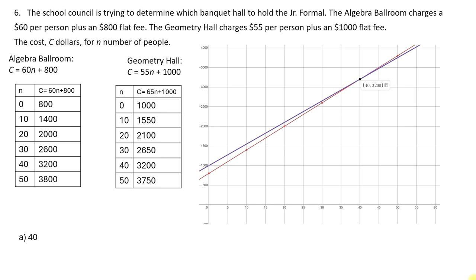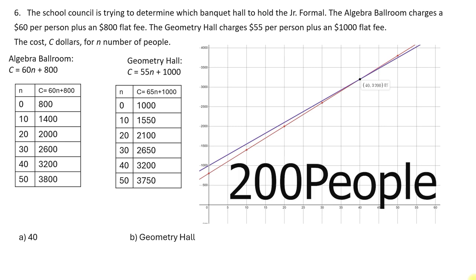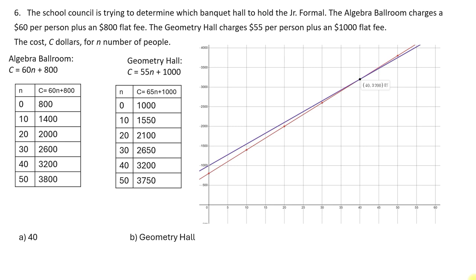So in a scenario where 40 people were attending both banquets, the cost would be the same. And then we're asked, what would be the better deal? I believe it was for 600 people in this particular question.